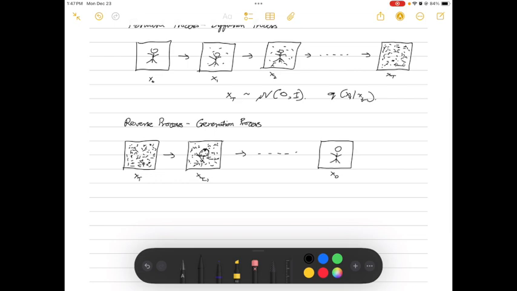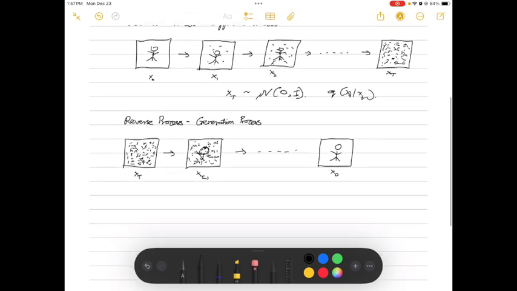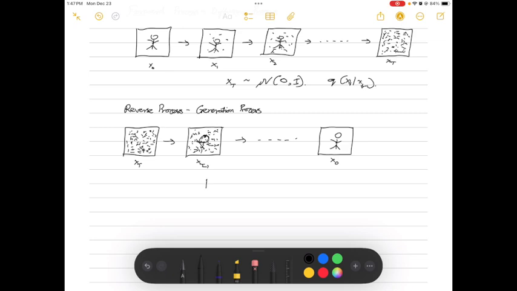And this assumes that we learn a parameterized decoder p theta xt minus 1 given xt. So given the next noisy sample xt, can I learn a neural network model that will give me the distribution over the next clean sample?